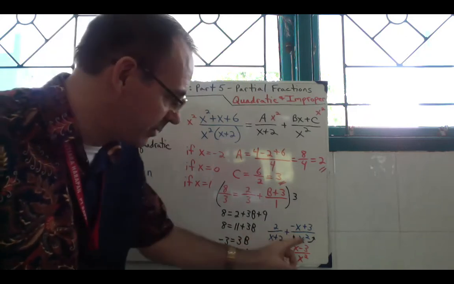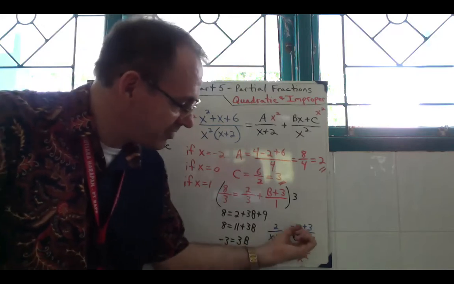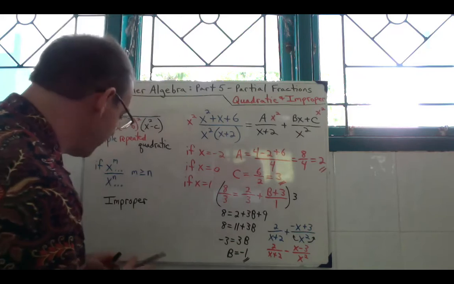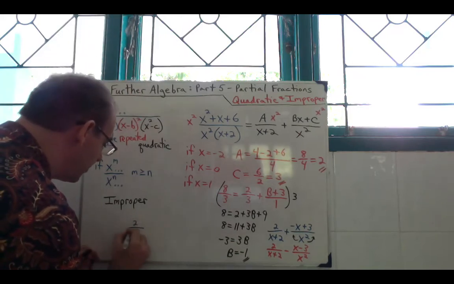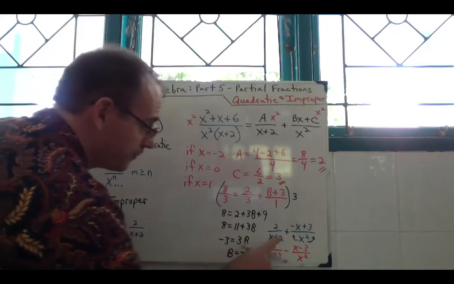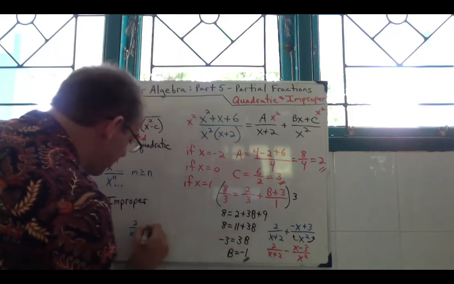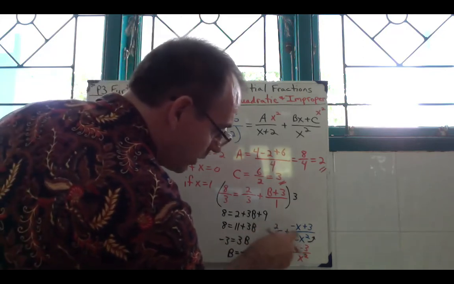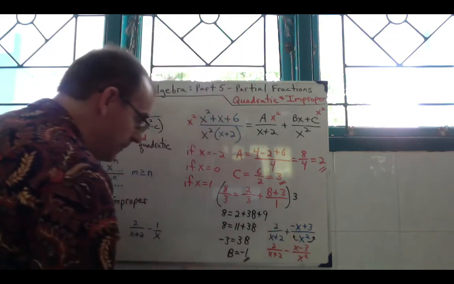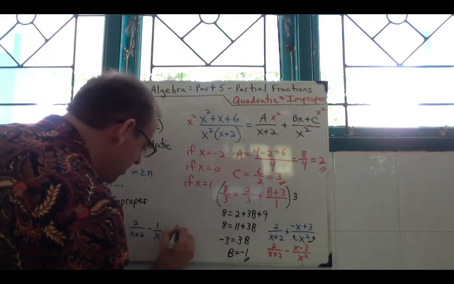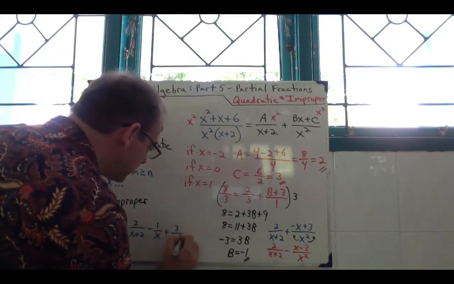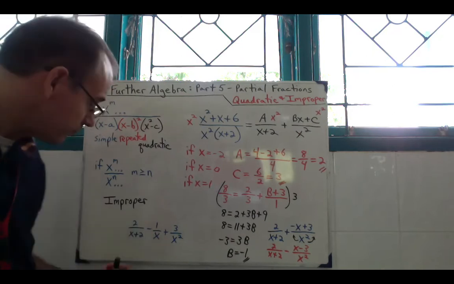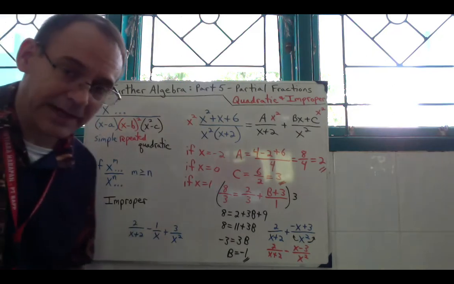So if we distribute that denominator and split that fraction up, then we're going to end up with a 2 over x plus 2 and a minus 1 over x, because the x and one of the x's on the bottom cancel, and then plus a 3 over x squared. So you still get your 2, negative 1, and 3, but now you have 3 fractions.